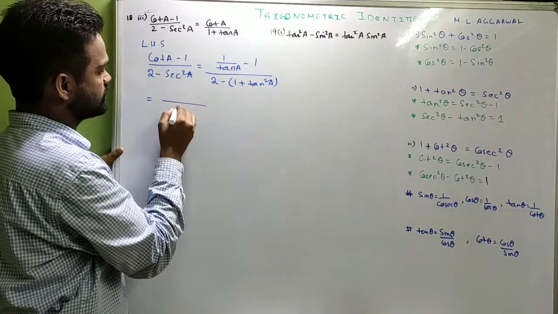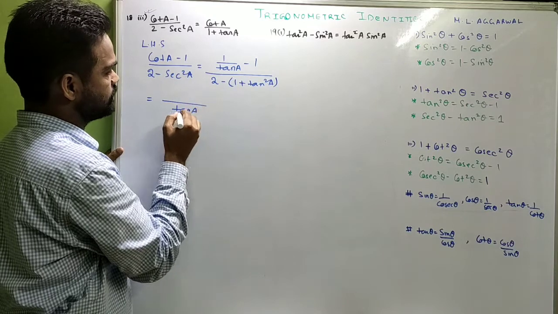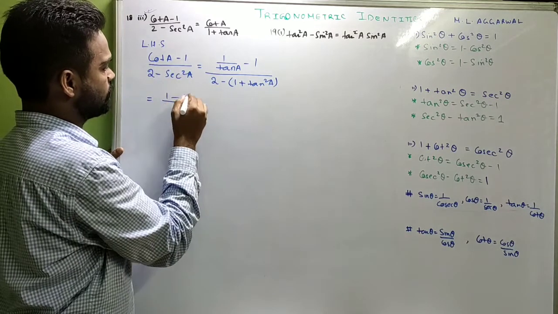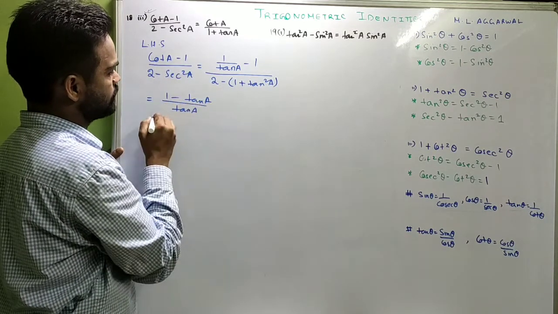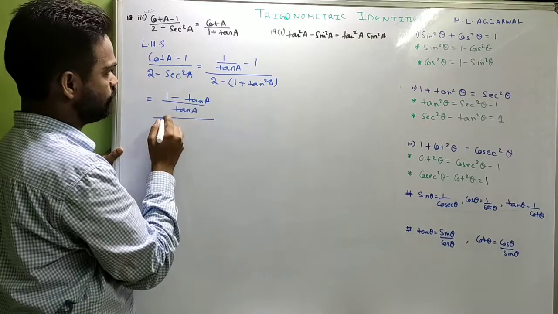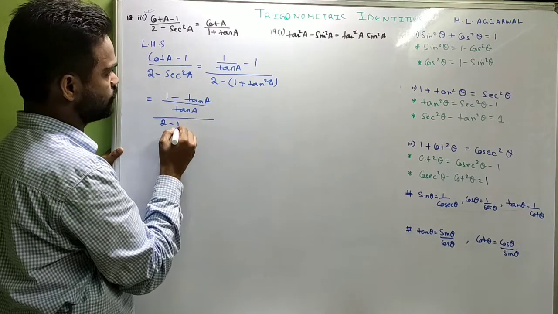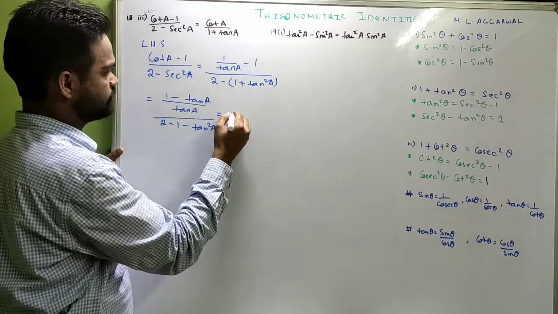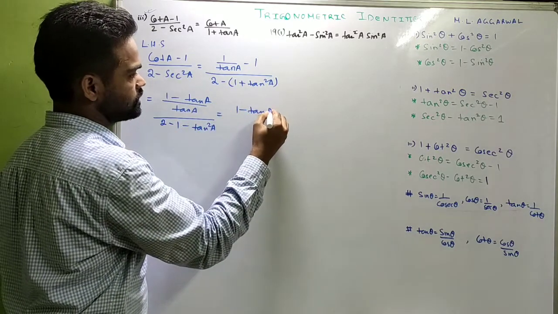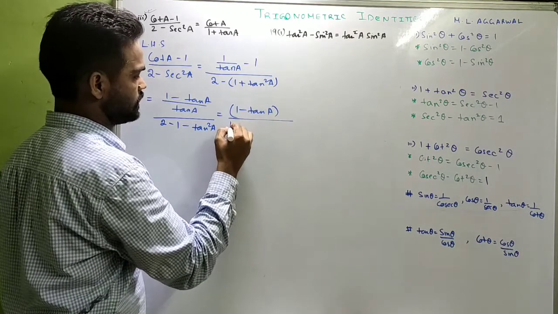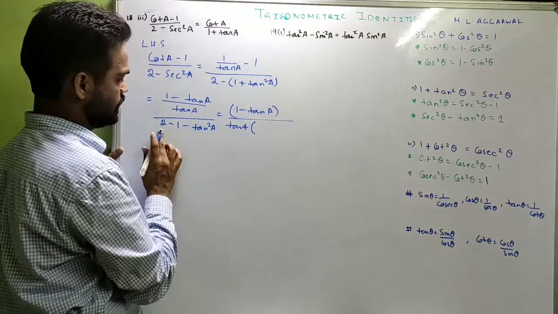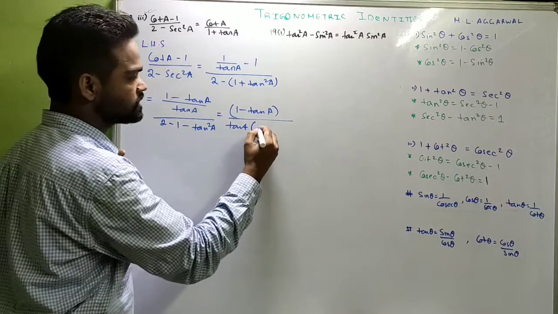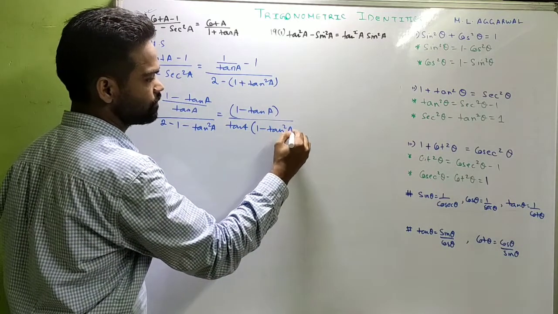If I take tan A LCM, in the numerator I'll get 1 minus tan A. In the denominator you have, open the bracket, so this is 2 minus 1 minus tan square A, which becomes 1 minus tan square A. Just look carefully.